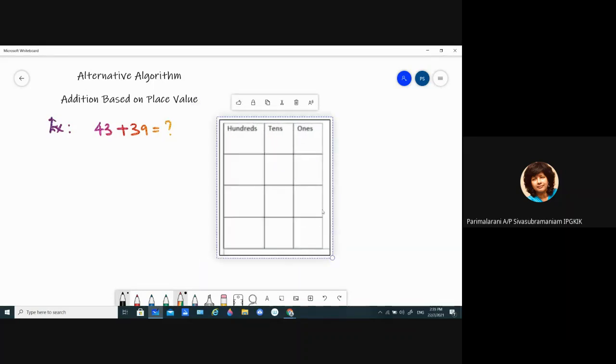So when we want to teach them addition according to place value, we try to use a place value chart in the beginning, okay? So we have 43 here, so 4 tens, 3 ones, plus 3 tens and 9 ones. We have a line here, so 9 plus 1, 10, 11, 12, 2, carry up 1, 10, 7, 8, 82. So we give the children this place value chart and let them use it, okay?